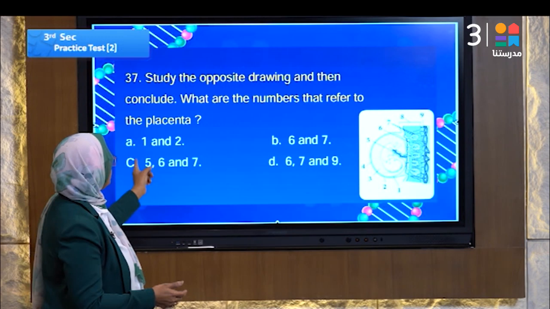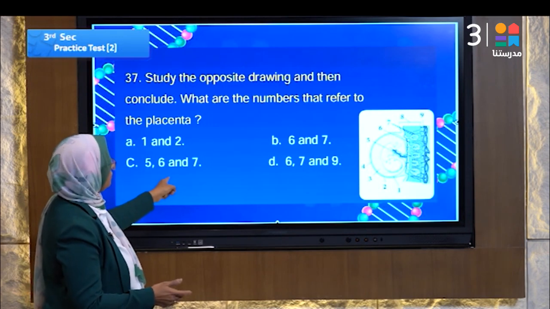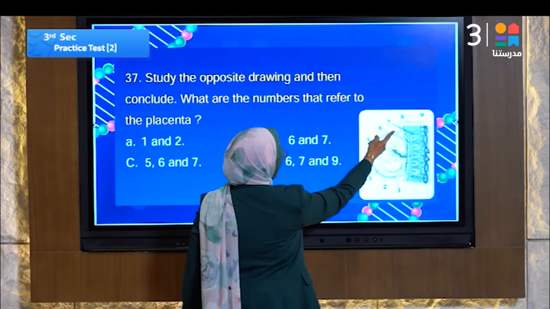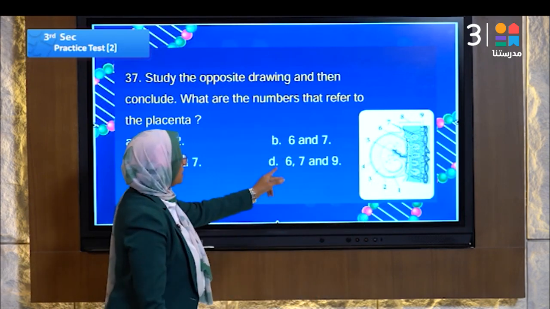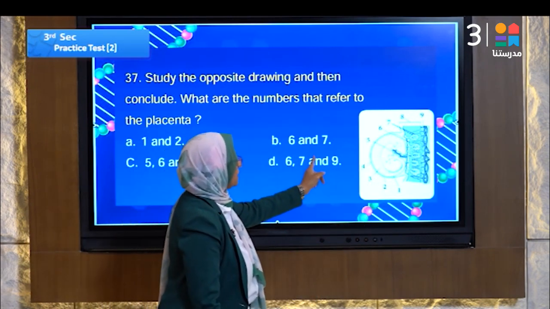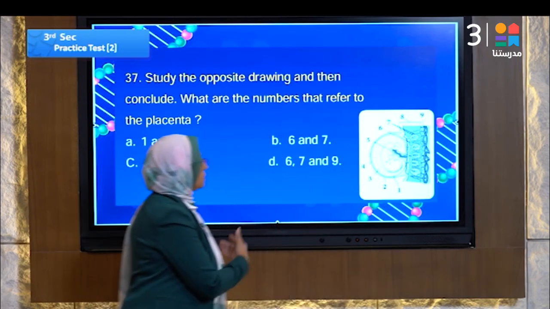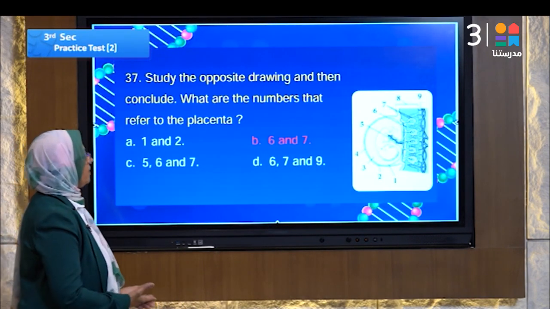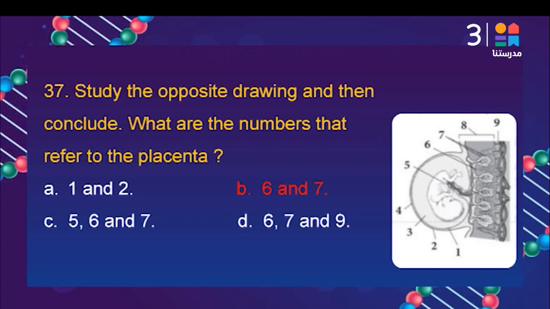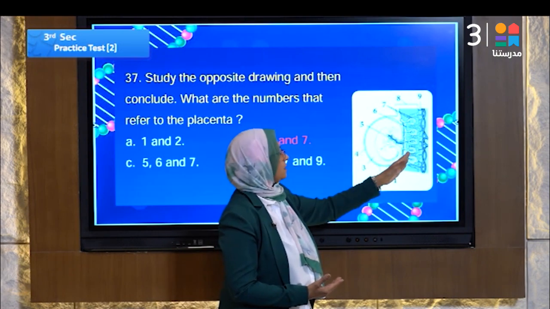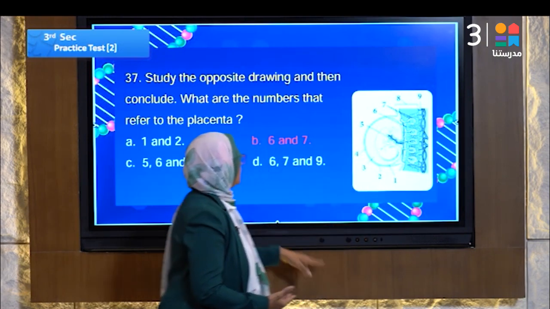C, 5, 6, 7. D, 6, 7, 9. Let's go to the answer. It will be 6 and 7, the placenta. 6 and 7 is the placenta, the contact between the mother and the baby.